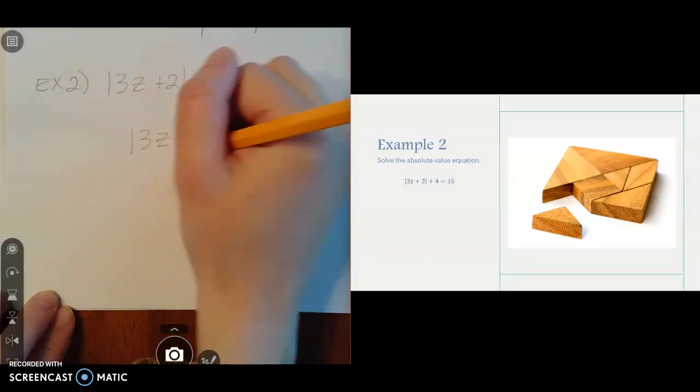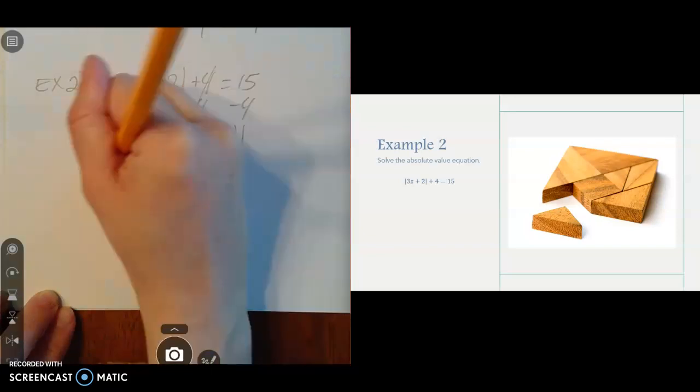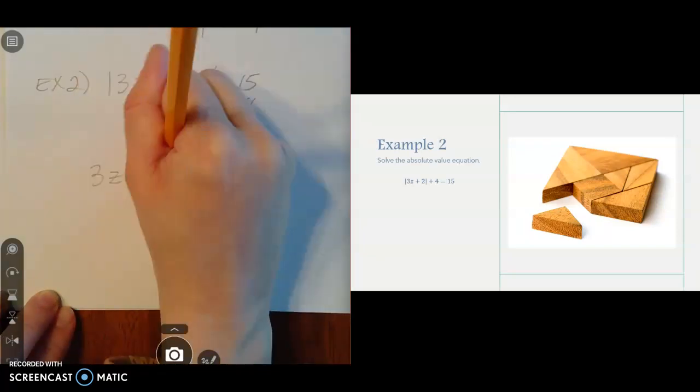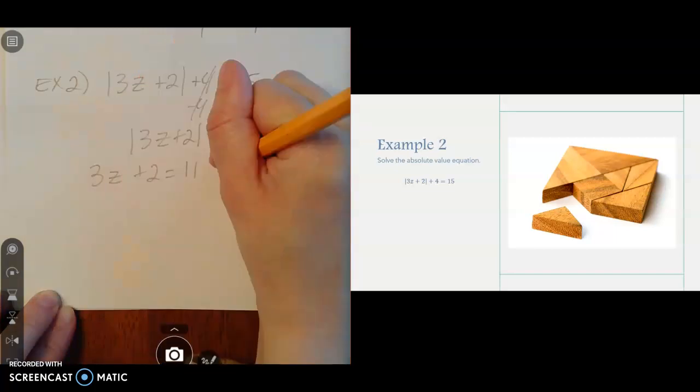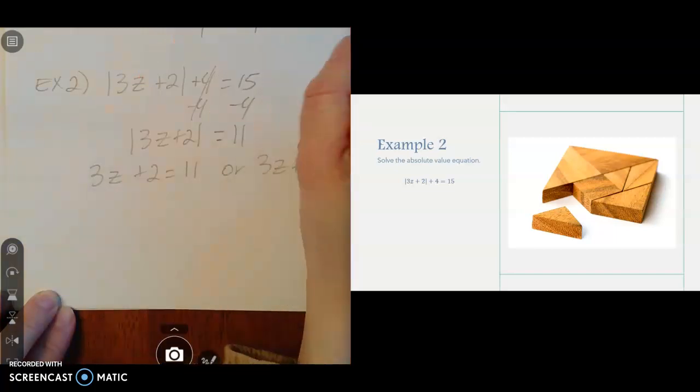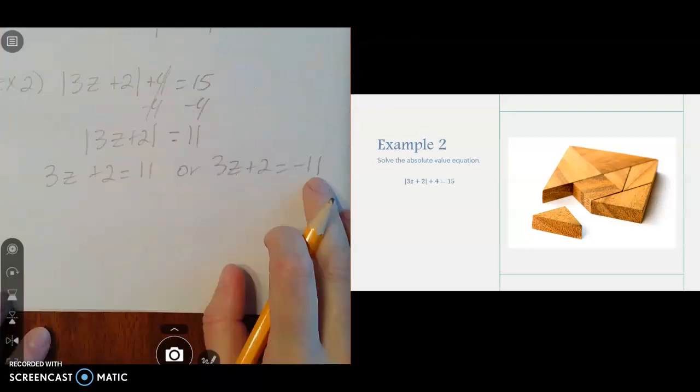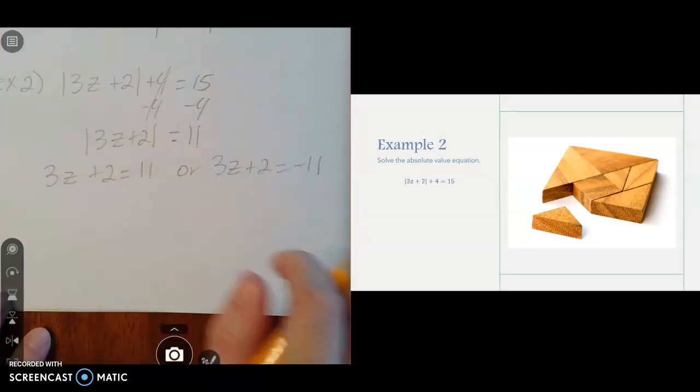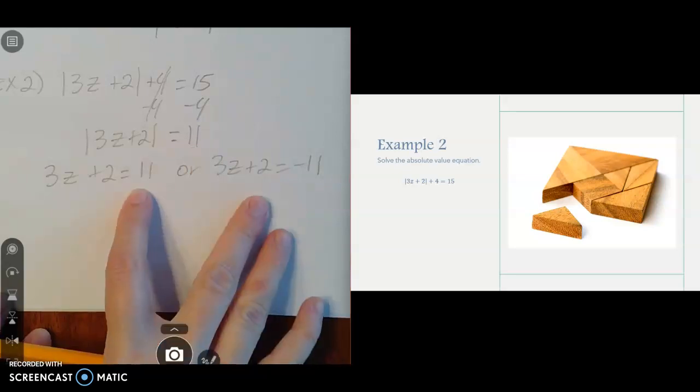So we're going to split it apart into two equations. So 3z plus 2 could either equal 11 or 3z plus 2 could equal -11 because the absolute value of -11 is 11.